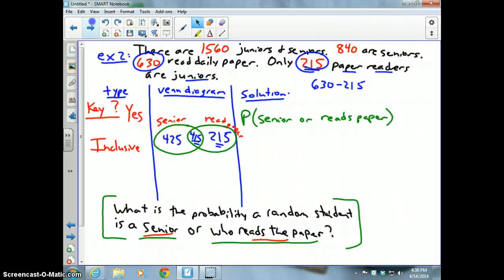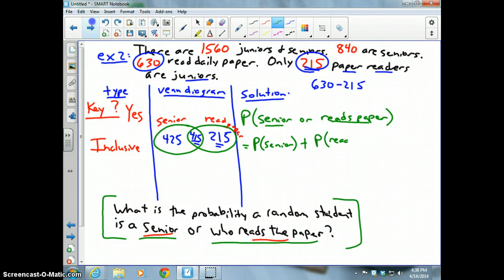So, since this is an inclusive event, what's the probability you have a senior or a paper reader? That would be the probability that they're a senior plus the probability that they read the paper. But then I got to minus off the seniors who do read the paper, so I got to minus off the probability of both of them. Well, the probability that they are a senior is there are 840 seniors total.